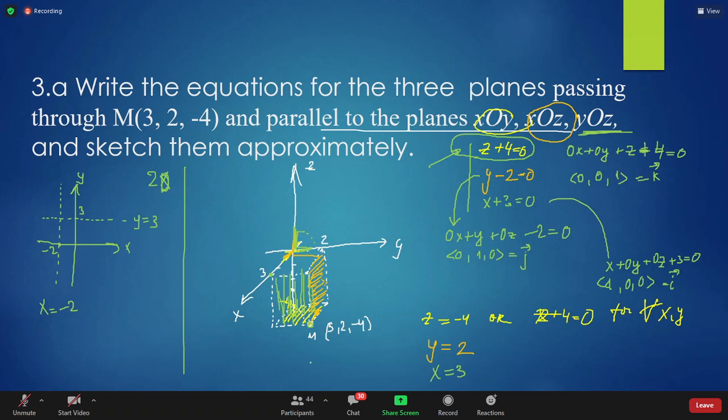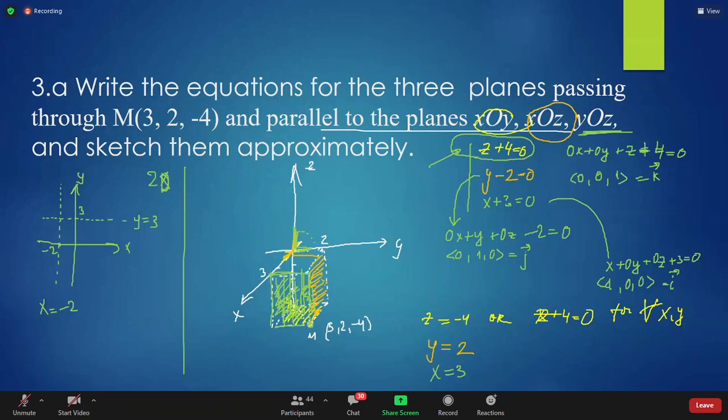So in principle, it is easier to sketch these planes. See, I didn't sketch them separately. I sketched them basically looking at that box, as the faces of the box. So this was the plane parallel to the YZ plane.